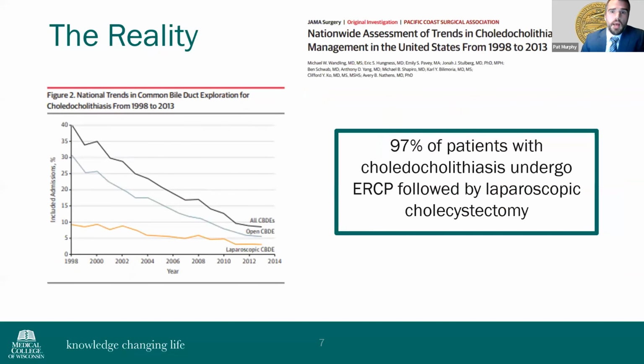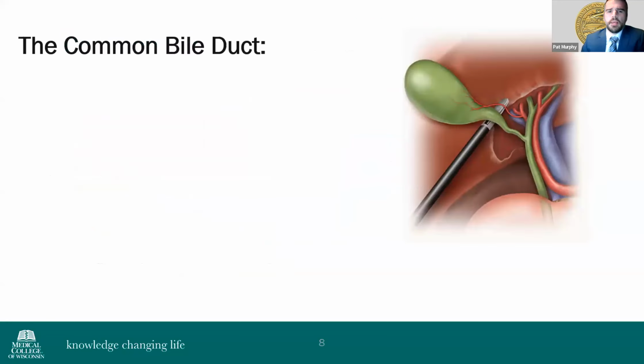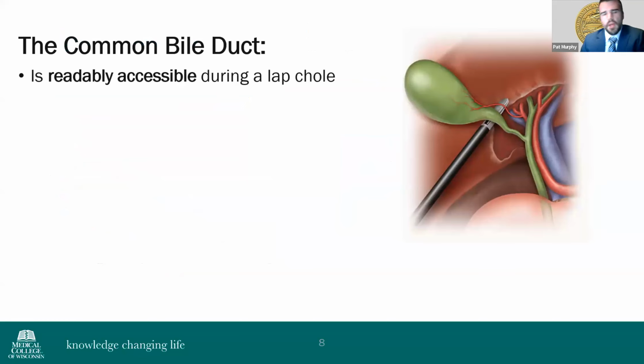The unfortunate reality is that most patients, similar to gallstone pancreatitis, don't go direct to surgery, and most patients get some sort of preoperative duct clearance prior to their lap chole, and there's lots of reasons for this. However, the common bile duct is sitting right there. It's readily accessible. You already have the cystic duct isolated ideally.